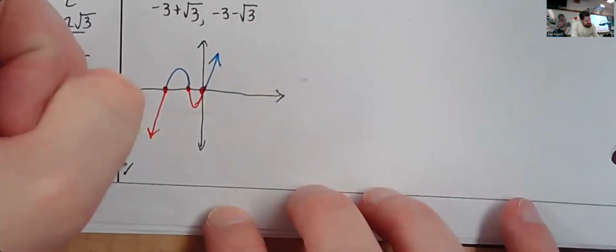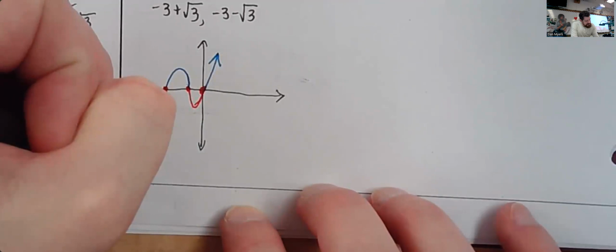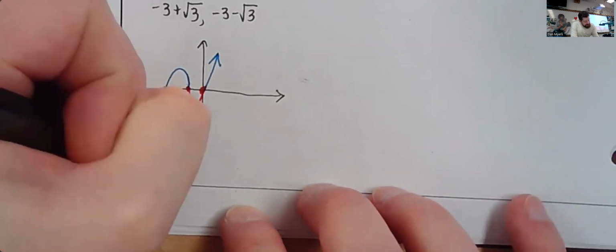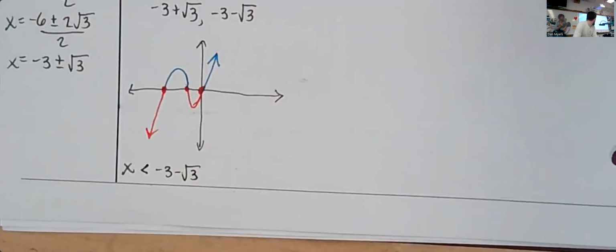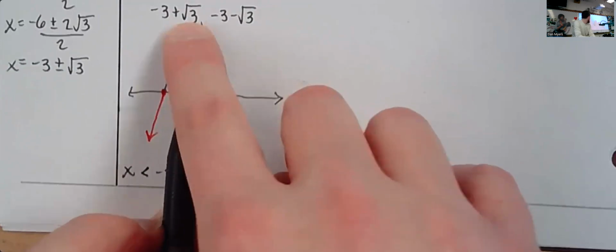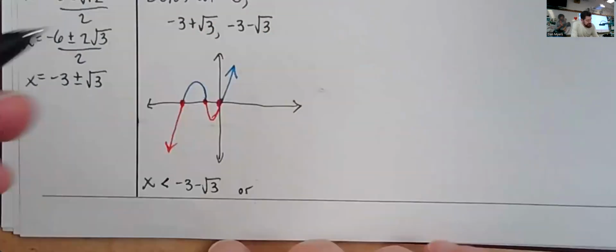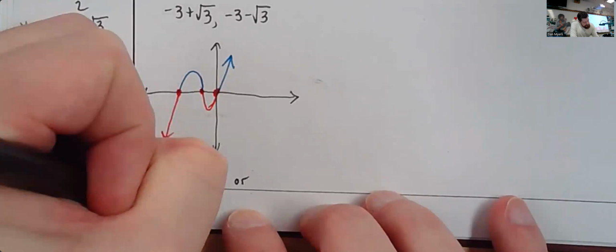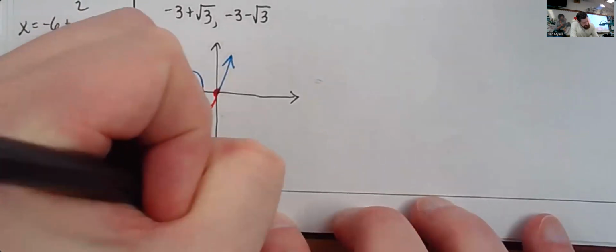So we're going to say x is less than -3 minus the square root of 3. We also have, we're going to say, or x is in between this number here and 0. So -3 plus the square root of 3 is less than x is less than 0.